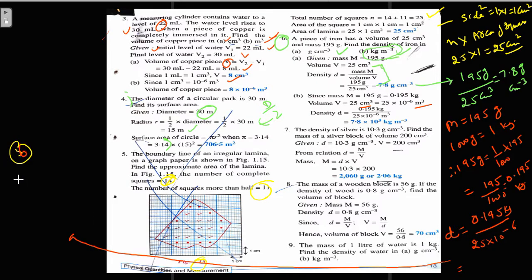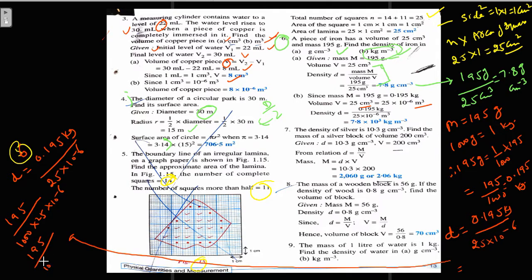So we have to find density equal to 0.195 kg upon 25 into 10 raised to power minus 6. So we will write it as 195 upon 1000 into 25 into 10 raised to power minus 6, or we can write it as 195 upon 10 raised to power 3 into 25 into 10 raised to power minus 6.